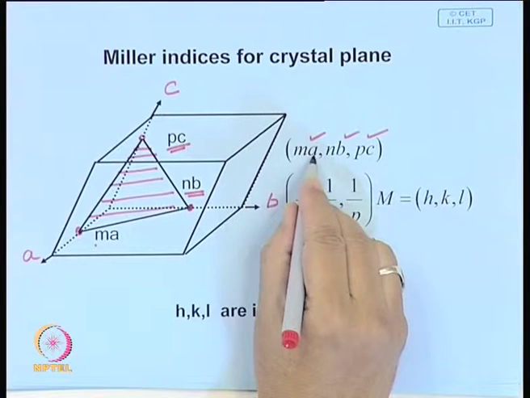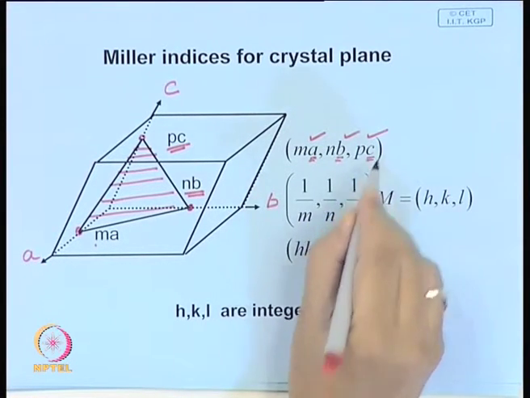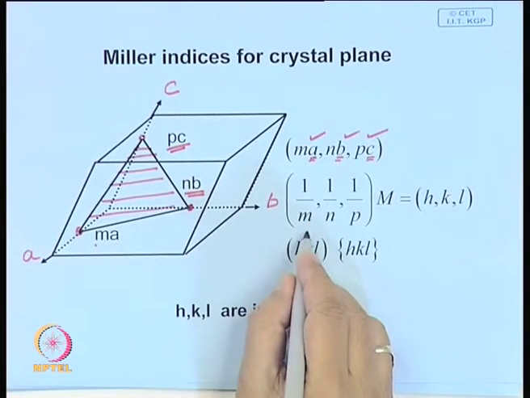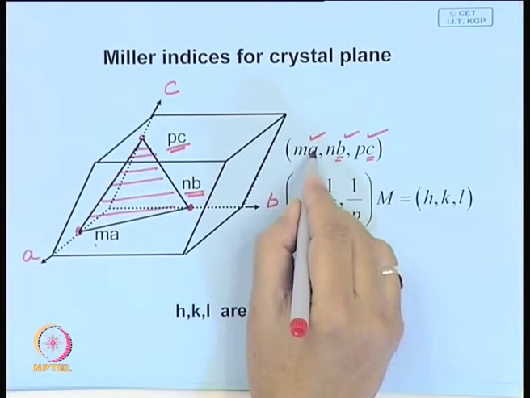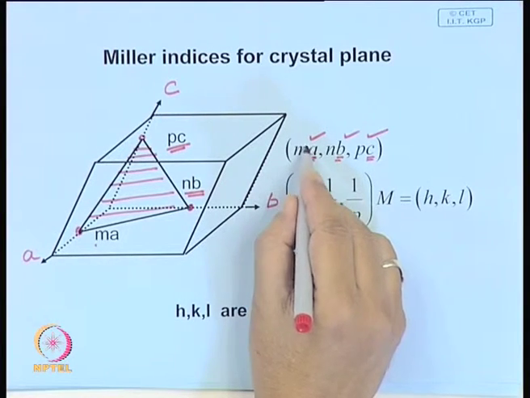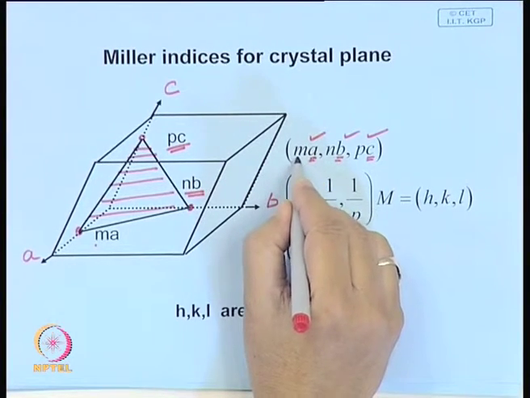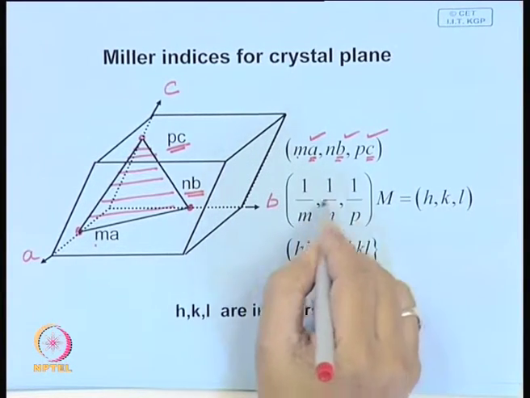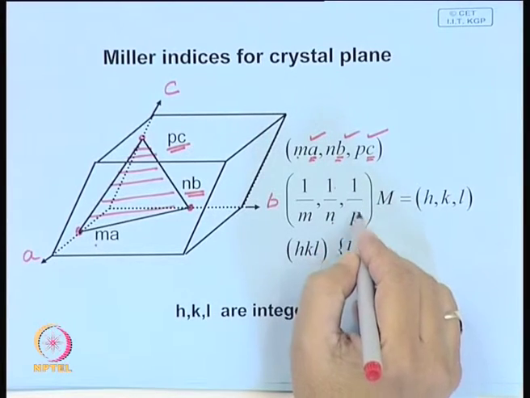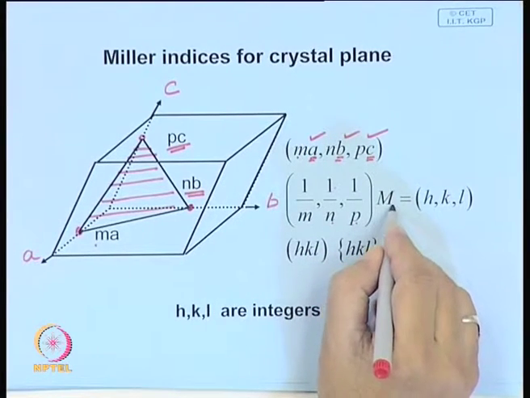Now, what we do, we normalize it with respect to the lattice parameters A, B, C, and in that case it will be m, n, p. Now, take the reciprocal of that, 1 over m, 1 over n, 1 over p, and think about a multiplier.